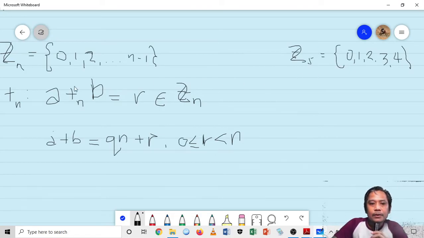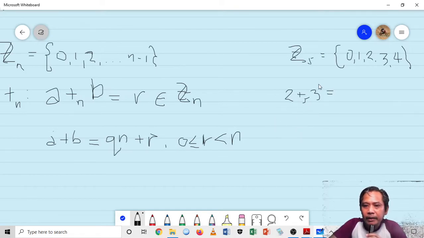So we have addition modulo 5. If we add 2 plus 3 modulo 5, in ordinary addition the answer would have been 5. But 5 divided by 5 is 1, remainder 0. Meaning, 2 plus 3 modulo 5 is 0.